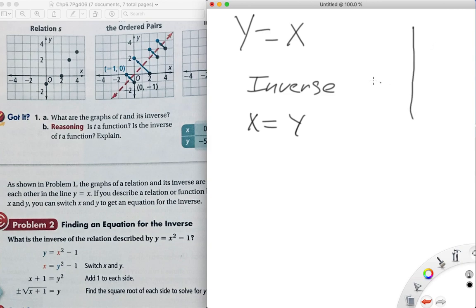It's almost sort of like a base function, sort of like in the middle. And y equals x is just a straight line with a slope of 1 that goes right through the origin. Straight line, positive, with a slope of 1 that goes through the origin, y equals x.